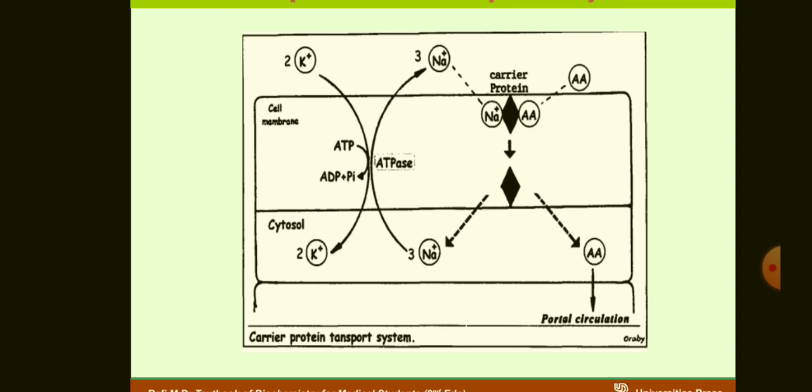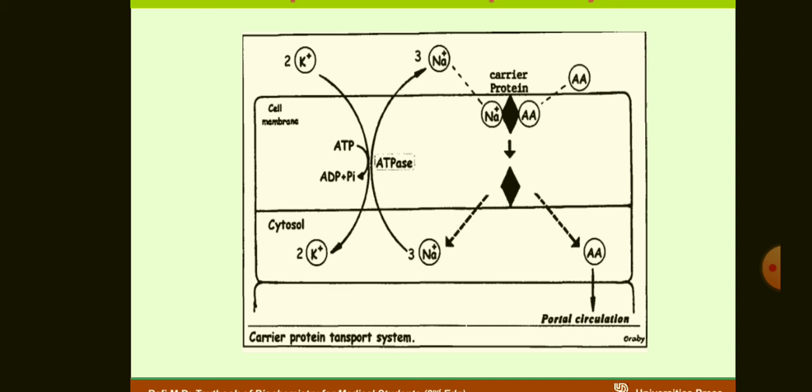The sodium binds to the carrier protein, then the amino acid binds to the same carrier protein, and then it is diffused inside the cell, where it gives away its sodium ions and amino acids. These sodium ions, by their concentration gradients, are again sent out of the cell, and this system works so that for each amino acid one ATP molecule is utilized.